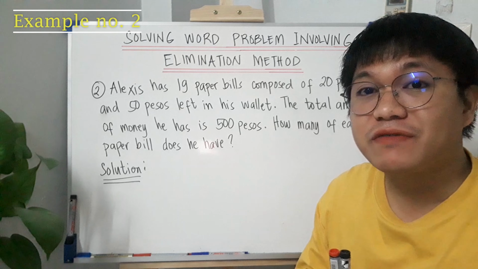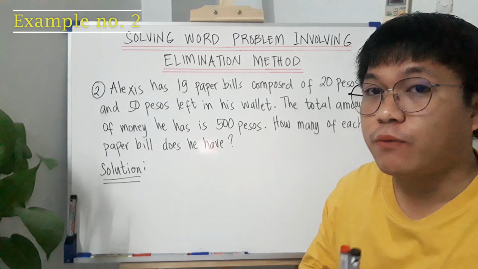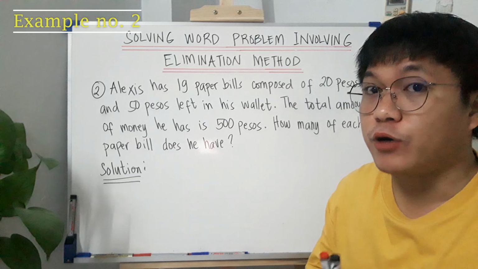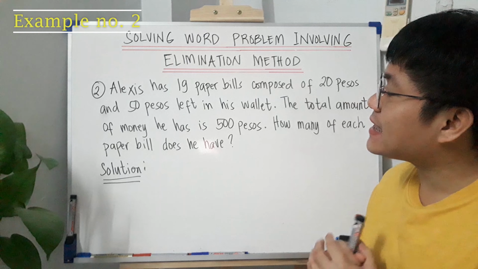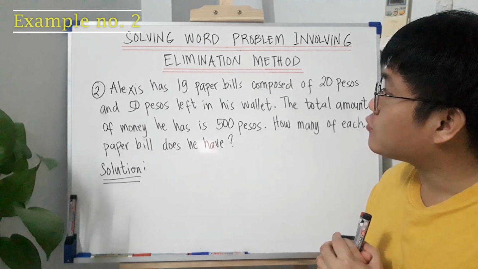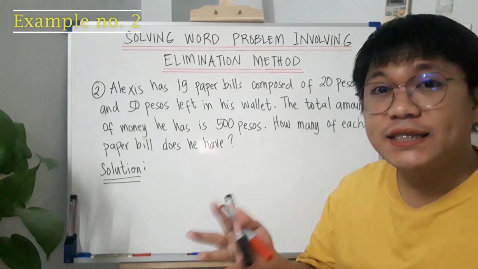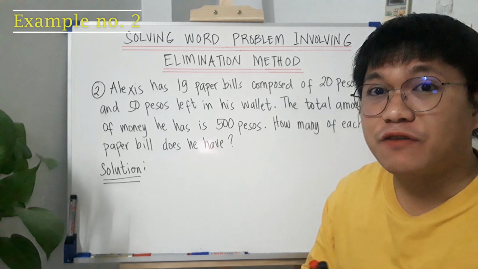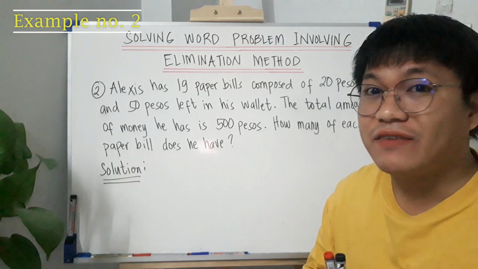Now, just like in our previous example, we are going to formulate first the systems of linear equations which will represent our problem. According to the first sentence, Alexis has 19 paper bills composed of 20 pesos and 50 pesos left in his wallet. But we don't know exactly the number of 20 peso bills and 50 peso bills in the wallet of Alexis.